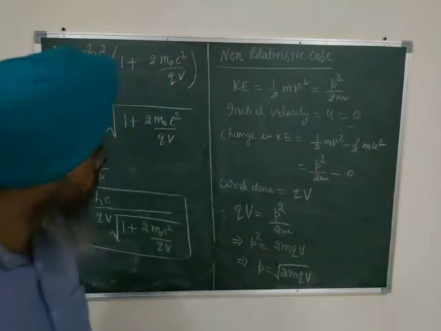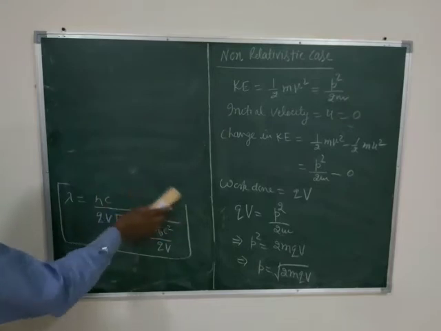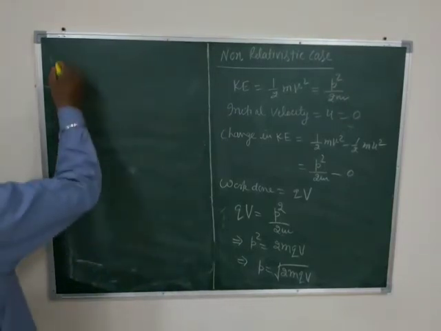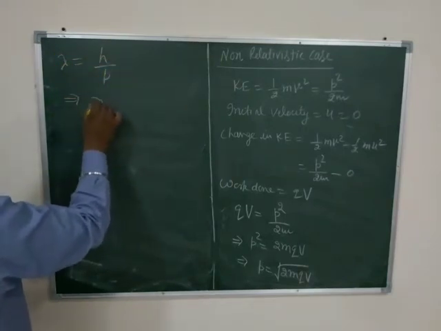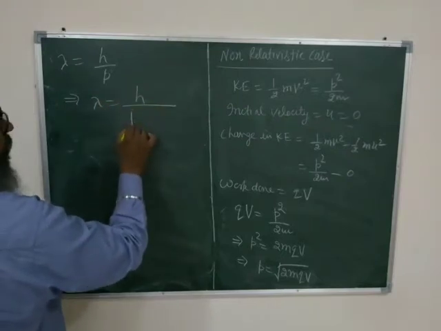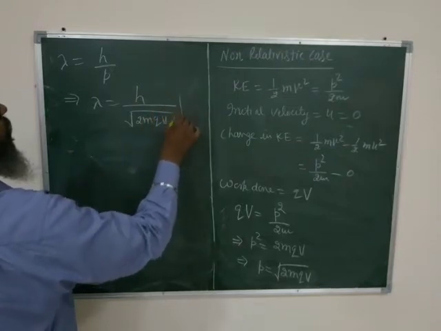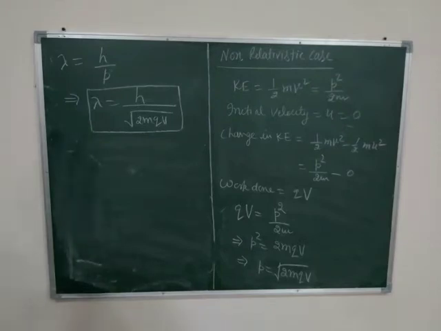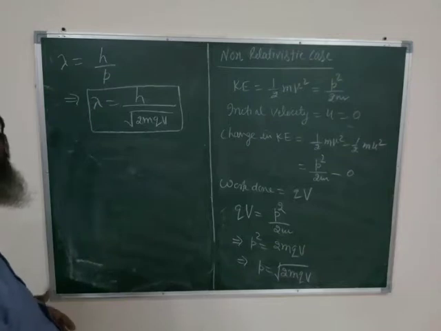And now I can find the wavelength of the charged particle by the expression lambda is equal to h upon p, that will give me lambda is equal to h upon square root of 2m QV. Now this is the expression for the de-Broglie wavelength of a charged particle when it is accelerated by a low potential.